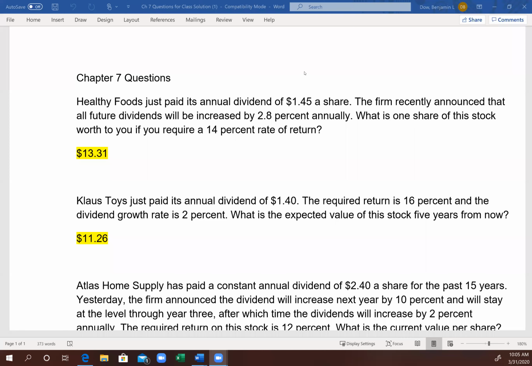But let me go ahead and share the screen and see if you can find them. They're on the Moodle page. I just can't remember what they're called. All right, they look something like this. I think they're either called Prepare for Class or something along those lines.